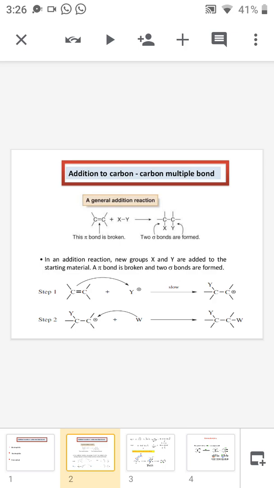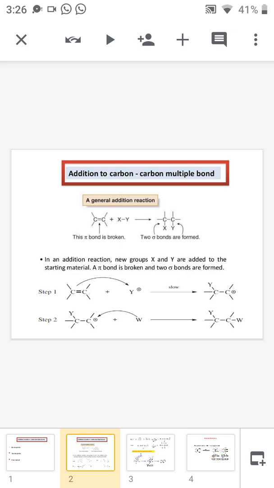So in this reaction I have shown an alkene which is symmetrically substituted, in which X, that is the electrophile, is added first followed by a nucleophile, that is Y minus. So we will get an alkane. In this reaction an alkene is converted into alkane, and the pi bond is converted into two sigma bonds in the addition reaction.